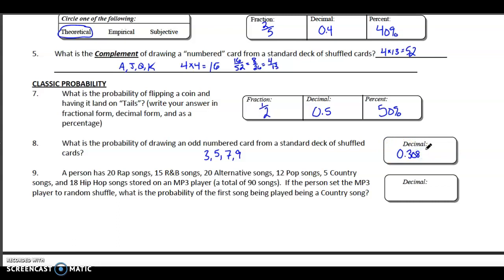A person has 20 rap songs, 15 R&B songs, 20 alternative songs, 12 pop songs, 5 country songs, and 18 hip-hop songs stored on an MP3 player. Total of 90 songs. If the person set the MP3 player to random shuffle, what's the probability of the first song being played being a country song? Well, how many country songs are there? 5. How many total songs are there? 90. So my probability is 5 divided by 90.